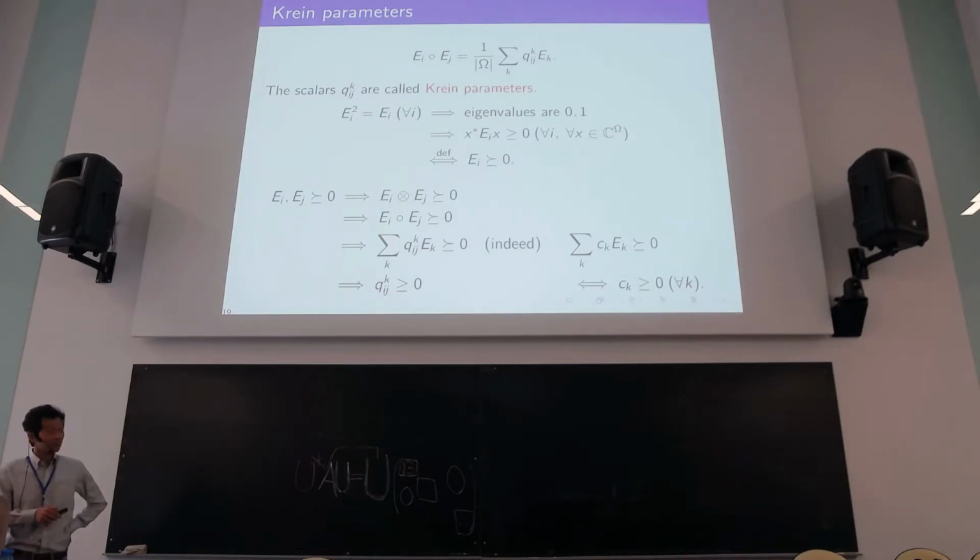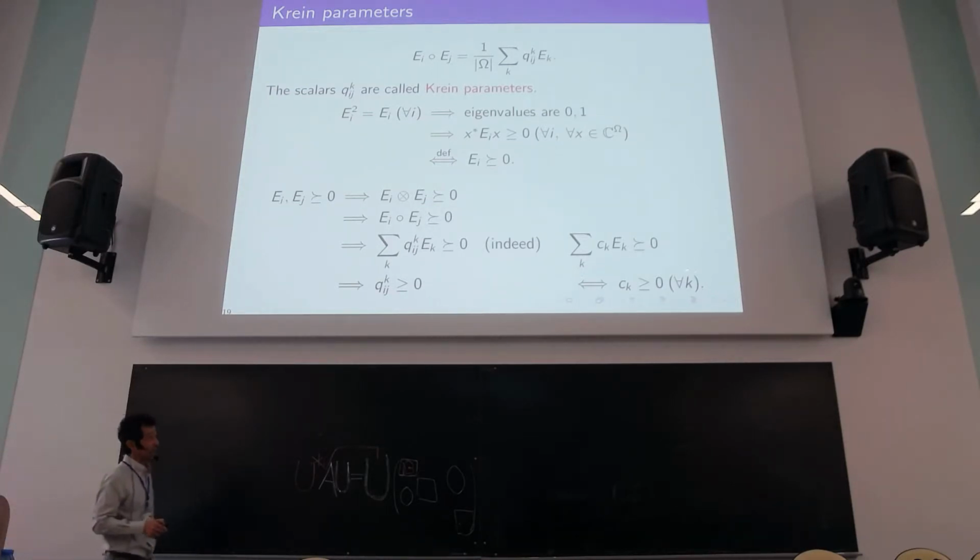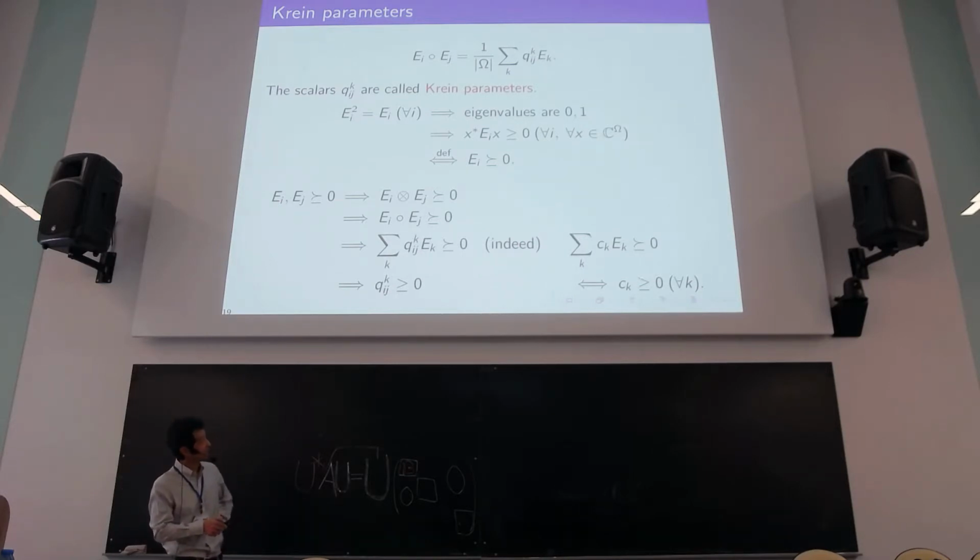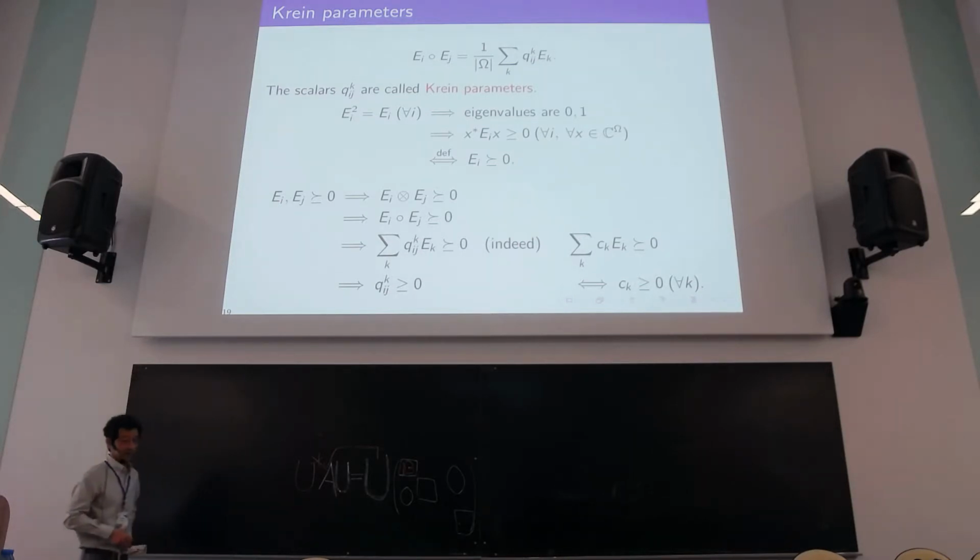It's quite easy to see that this coefficient has to be non-negative, because this E_k just projects onto some subspace, and if you restrict this matrix to the subspace, it has to be positive semi-definite, so the coefficient has to be non-negative, and the converse is also quite obvious. So this proves the inequality that the Krein parameters are non-negative.